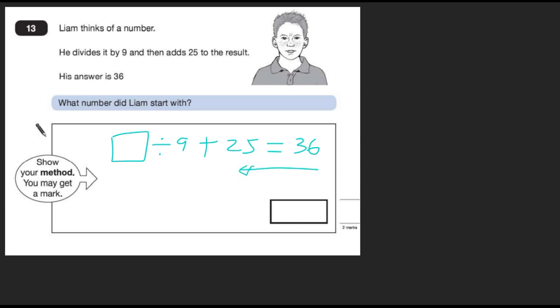So 36 take away 25, you will get 11. And 11 times 9, you do the inverse operation. The answer is 99. Make sure you write it in the box, because the examiner likes to have the answer inside the box. So the answer is 99. You can check the answer: 99 divided by 9 is 11, and 11 plus 25 is 36.